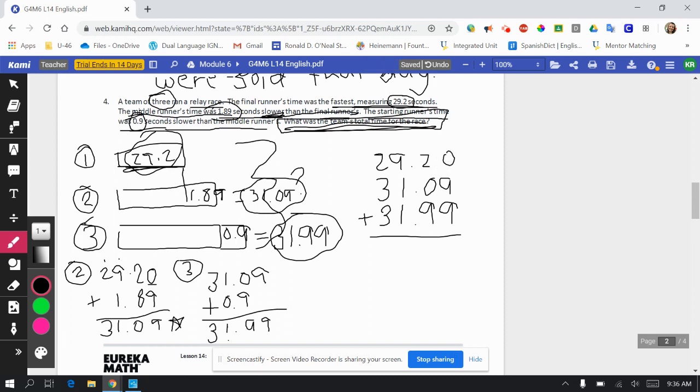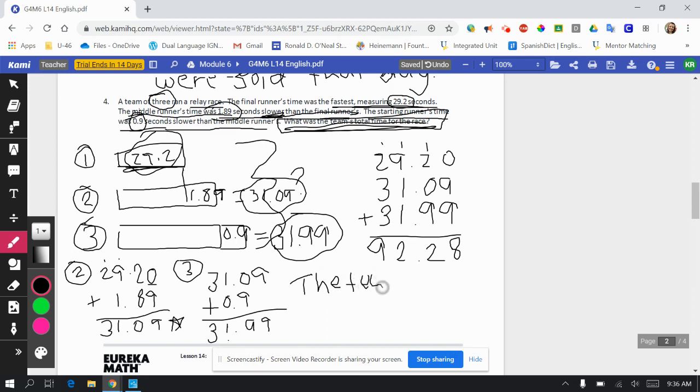All right, here we go. 9 plus 9 is 18. 1 plus 2 plus 9 is 12. 1 plus 9 plus 1 plus 1 is 12. 1 plus 2 plus 3 plus 3 is 9. Final step, complete sentence.